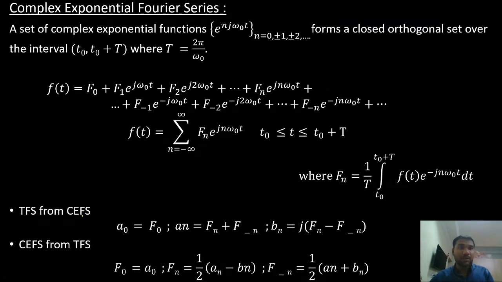Next one is complex exponential Fourier series. So far we have seen trigonometric Fourier series and cosine Fourier series. Now it is complex exponential Fourier series. It's also called just exponential Fourier series.